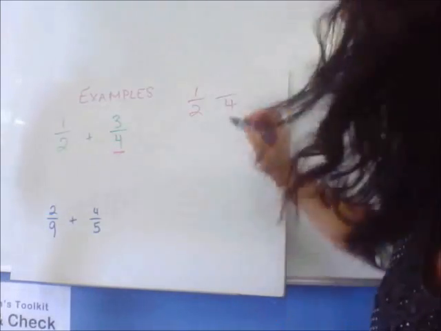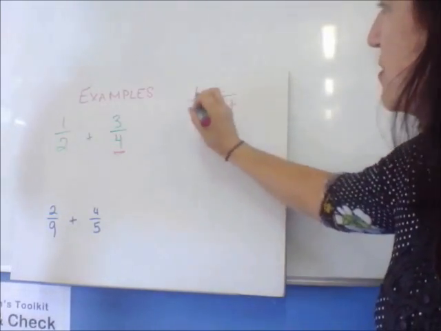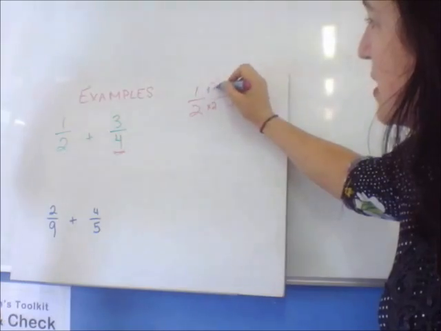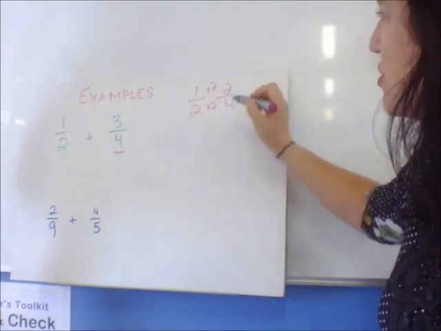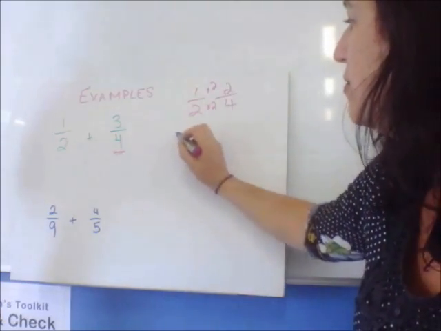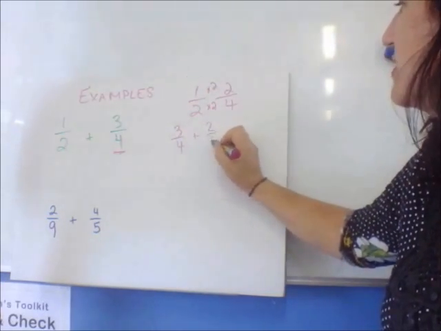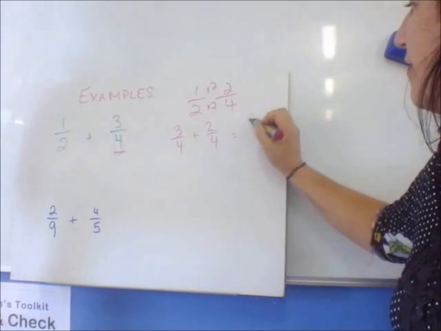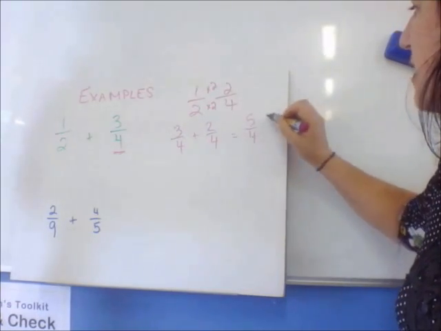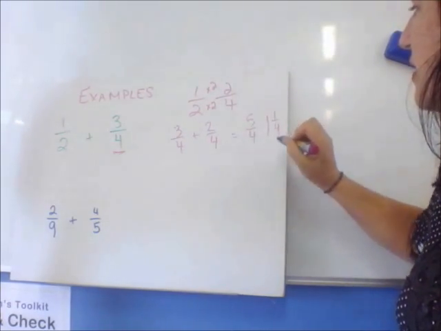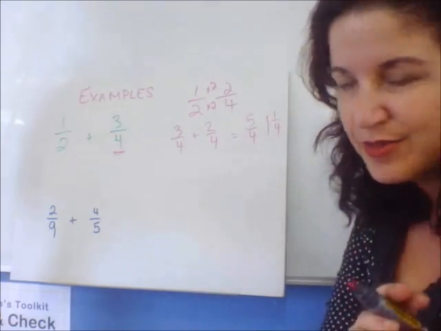Well, we've multiplied it by 2, haven't we? So we have to make sure that we multiply the top number by 2 as well. So that gives us 2/4. Now, when we look at 3/4 plus 2/4, it's pretty easy. You have 5/4, or you can say 1 and 1/4. Okay? So that's one example.